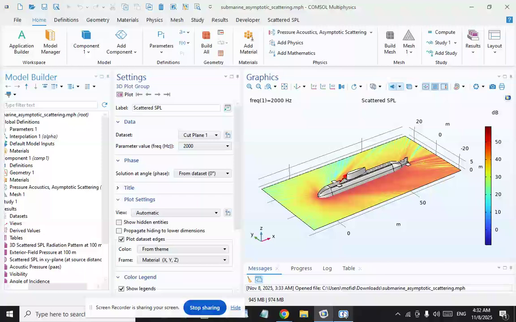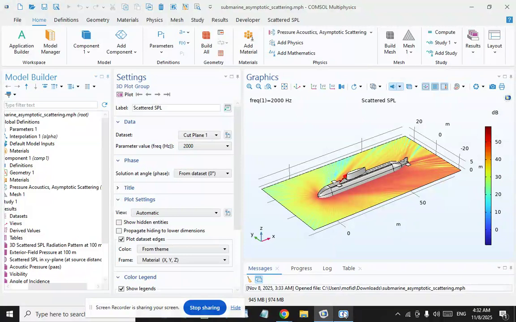The proposed model should be built by including the fundamental concepts of high-frequency asymptotic scattering theory while taking into account the vehicle's intricate characteristics such as its complicated shape, size, and material properties, and also to investigate the effect of various parameters on the acoustic target strength. The angle at which the incident sound wave impacts the target, the frequency at which the sonar system operates, and the vehicle's material property are among these elements.